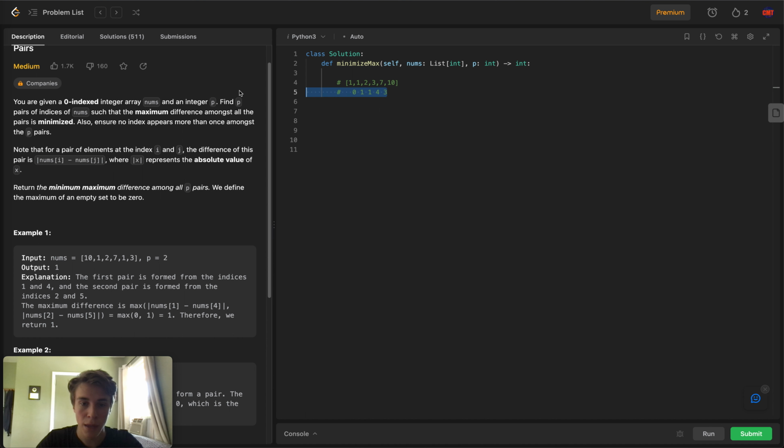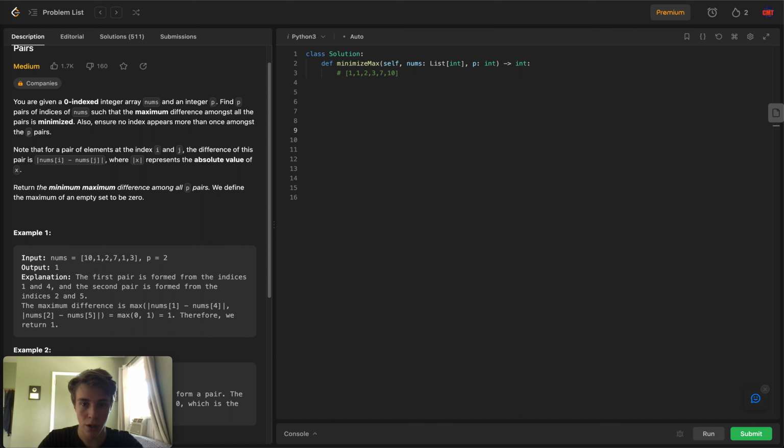If we have this as the input instead of the unsorted one, we could do a binary search. We could find the optimal min-max difference by doing a binary search over the possible answers in this question. Here's what I'm proposing.